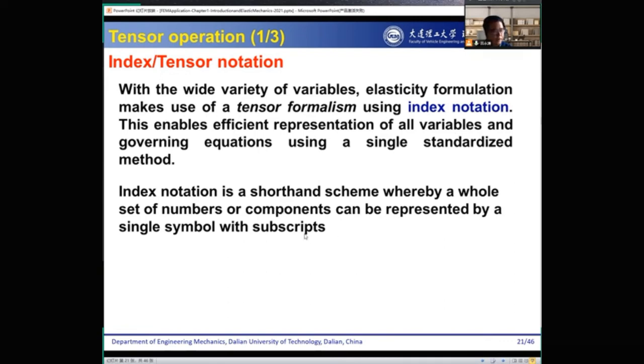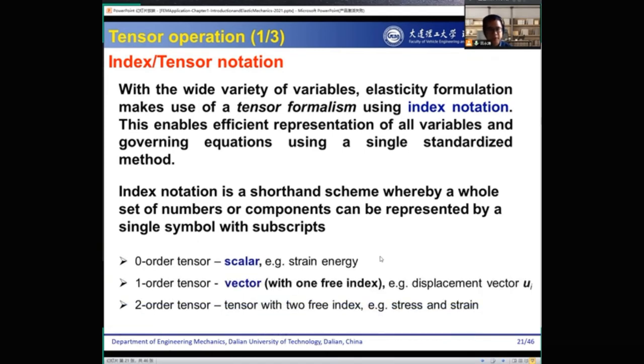Index notation is also used a lot in different textbooks, papers, and publications, so it is very important basic knowledge. If you know this, then you can understand what is written in the books, papers, and other material. So we give an example here.